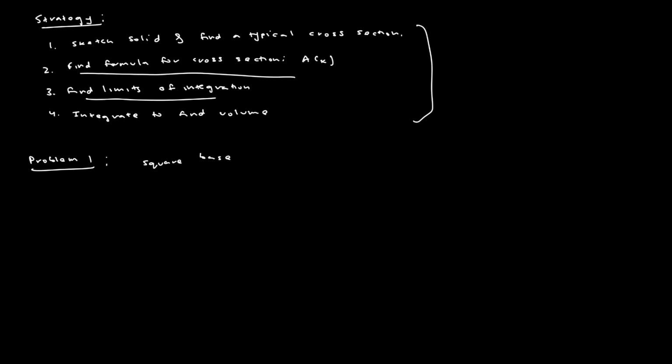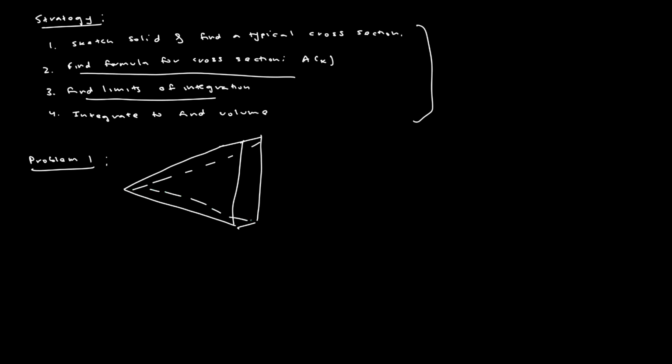It looks like this, a square-based pyramid, and the size of the square base is 3 by 3 on both sides. This is obviously not to scale. Basically, we want to find the volume of this pyramid using integrals.